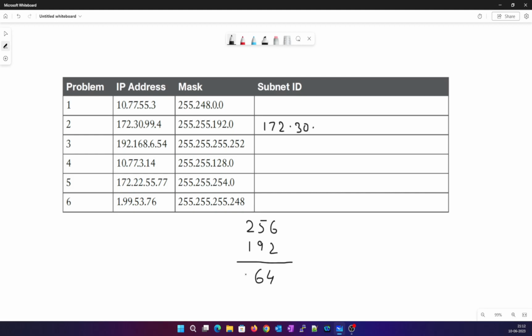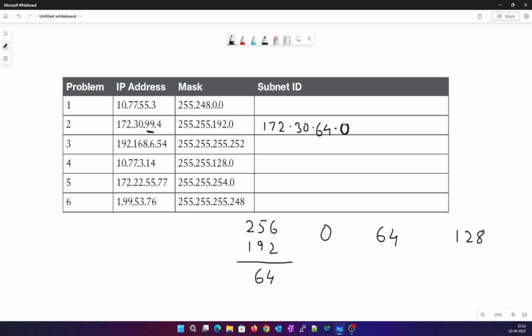Then using 64 as the multiple, we get 0 as the first value, then 64 as the next value, then 128. Our third octet value, 99, is between 64 and 128. The lowest of these two values is 64. That becomes our subnet ID.